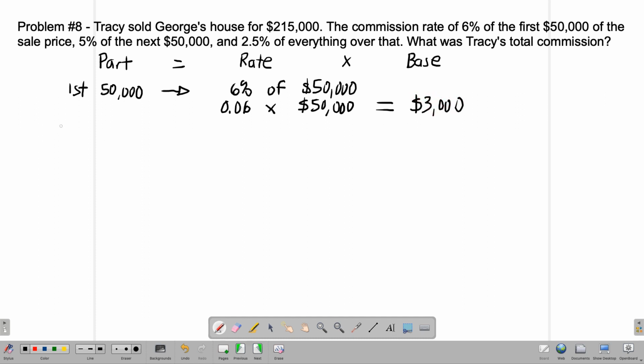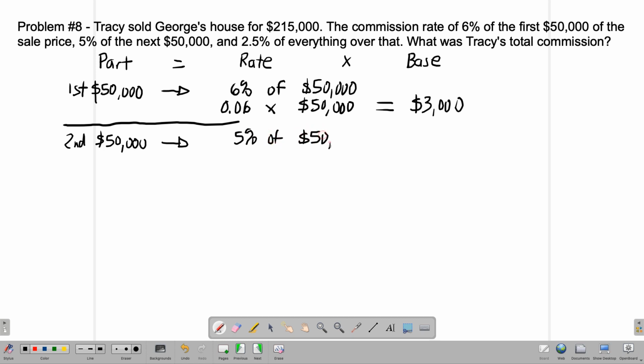All right, so let's look at the second 50,000. Okay, so the second 50,000 is going to receive 5%. And of course, we said 5%, so 5 divided by 100 is going to produce a value of 0.05.